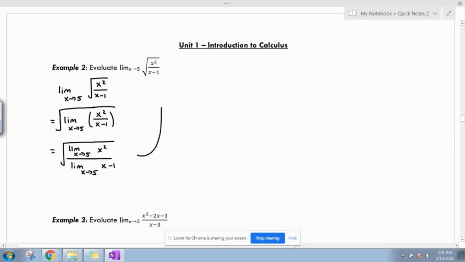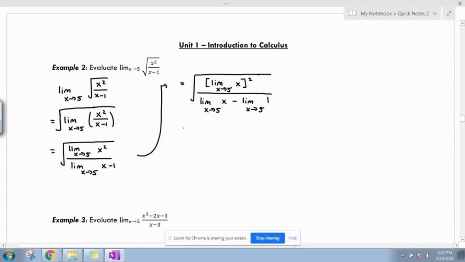And now I'm going to break apart my limits within the numerator and the denominator. So I'm going to have the square root of the limit as x approaches 5 for x, all squared, all over the limit as x approaches 5 for x, and then minus the limit as x approaches 5 for 1.